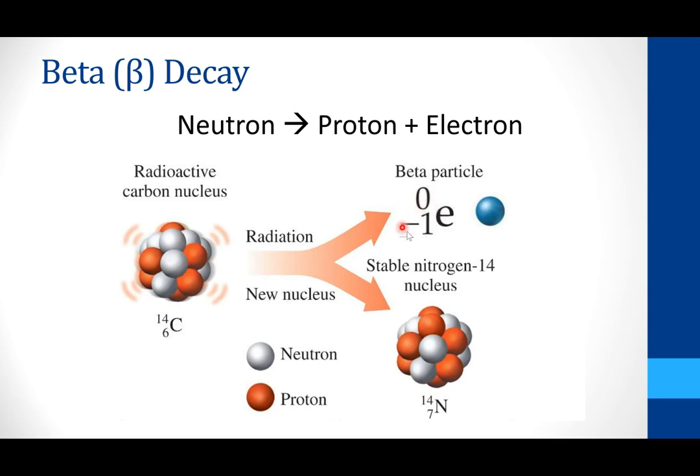And then this -1, you can think of it 2 ways. You can think of it as the electron that gets emitted, or it helps us when we're balancing the atomic number, the number of protons down there. And then we give the beta particle the symbol e, which helps us refer back to the electron that gets emitted.